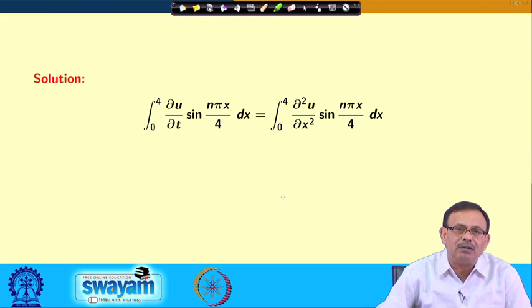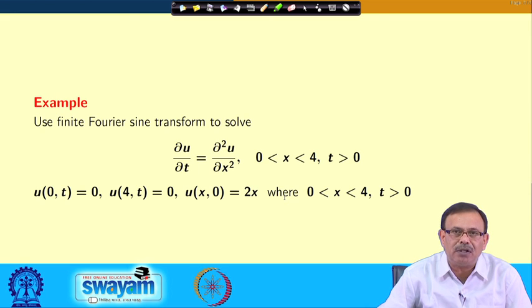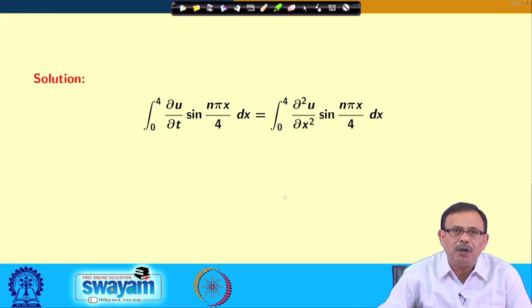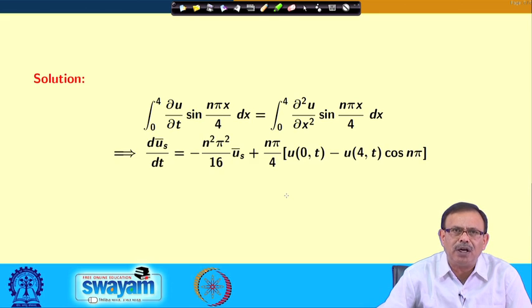So, what we have done? We have taken the finite Fourier sine transform with respect to x on both sides of the given partial differential equation, and as I told you at the beginning, since I know u(0,t) and u(4,t), I can use the finite Fourier sine transform. Once I do it, I get integral 0 to 4 del u del t sin n pi x by 4 equals integral 0 to 4 del 2 u del x square sin n pi x by 4 dx. So, d u bar s dt will be the left hand side.